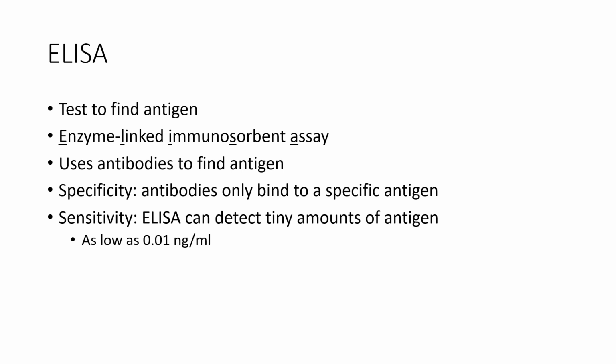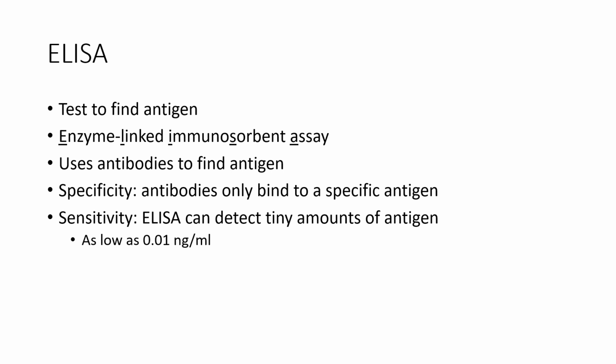Sorbent is because this test is going to take place, for us it would have been in a microtiter well, but for some other tests it'll take place on a stick, and I'll show some of that towards the end of this PowerPoint. So immuno, sorbent, where the test is being done on a stick or in a well.